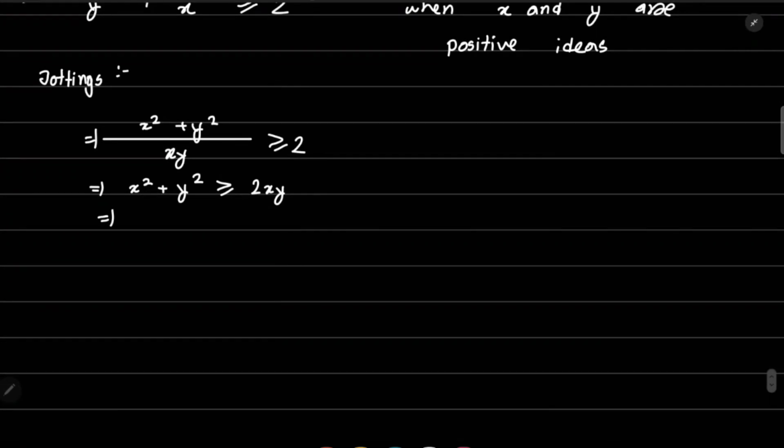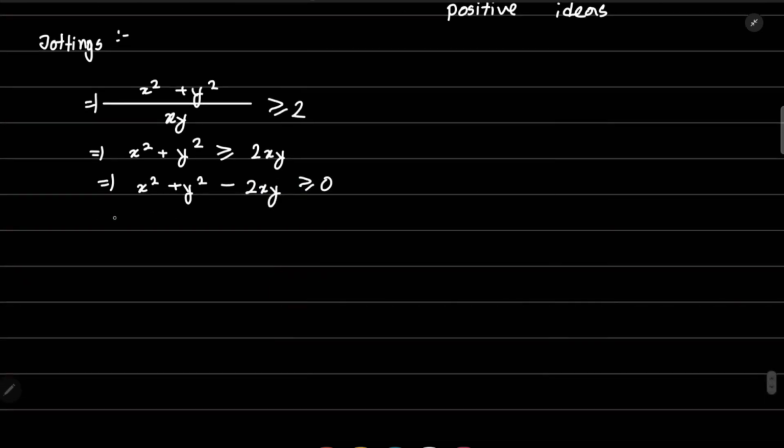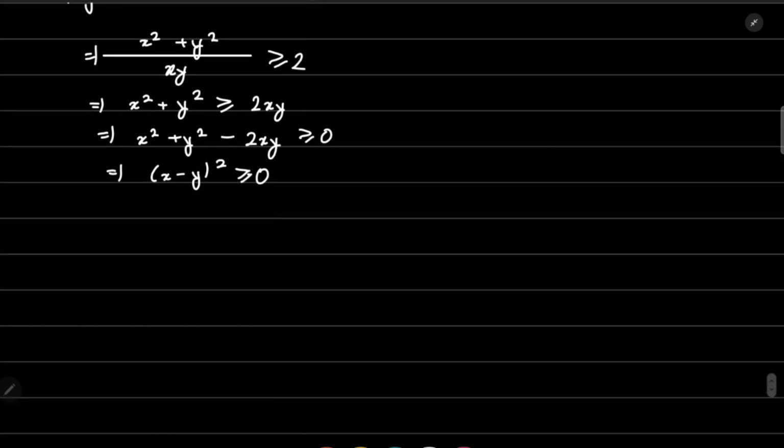I can move it to the left. I'll get x squared plus y squared minus 2xy is greater than or equal to 0. And this is equal to (x minus y) whole squared, which is greater than or equal to 0. We know this is a fact. So that's how far we need to go. Now I'll start writing the proof.